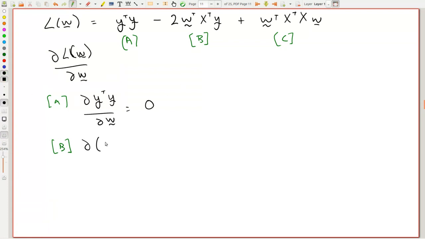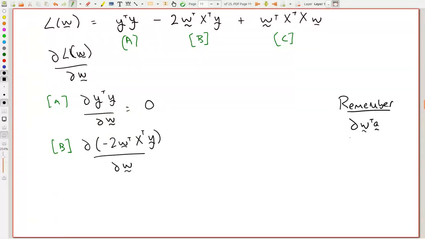Okay, let's move on to the next term. We're going to take the derivative of this, and this does depend on W. Let's put a note over here. Remember what we discovered before. We worked through this before. What we have here, basically, we can think about as being in a similar form to this.